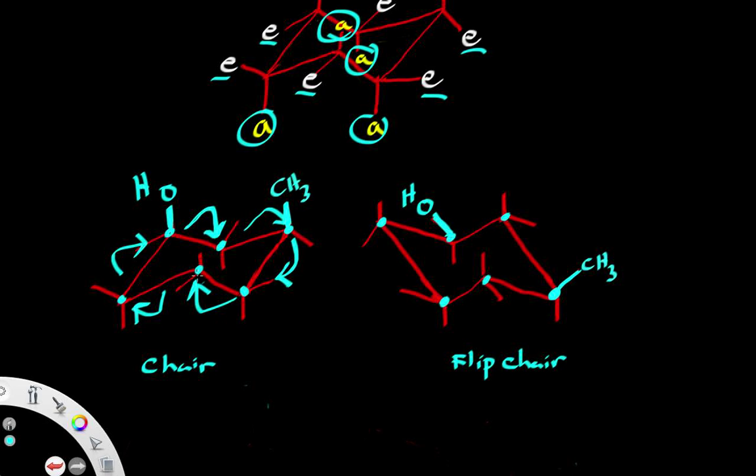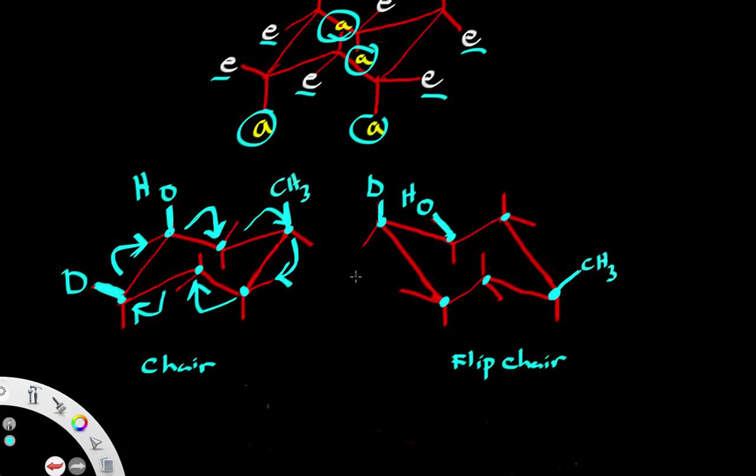And we can just keep adding stuff to this. I could say that there's a deuterium right here in the equatorial position, but then it flips over here, and so now I have a deuterium in the axial position with the flip chair. And I think that helps visualize what's going on.